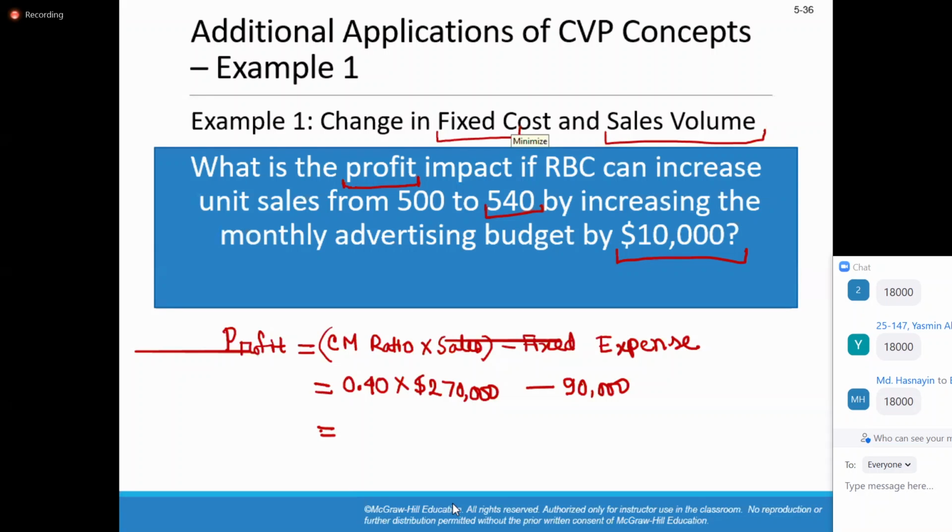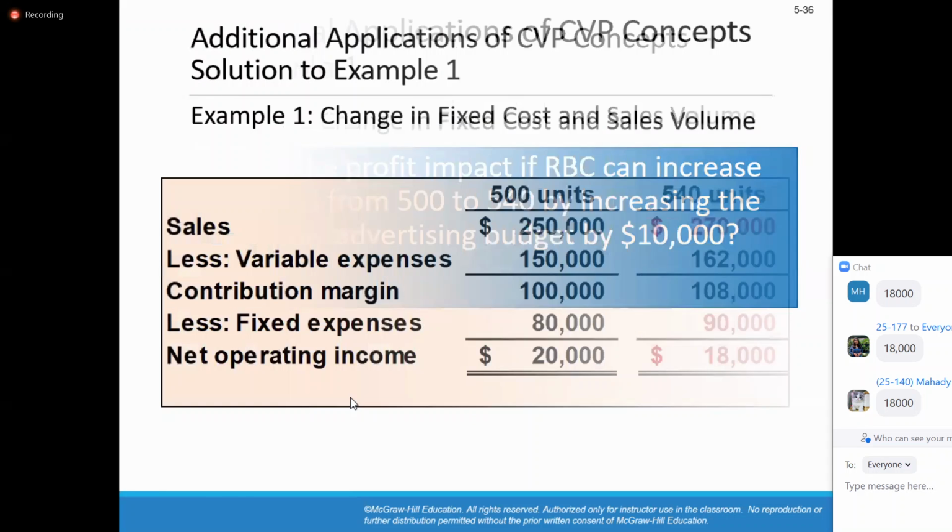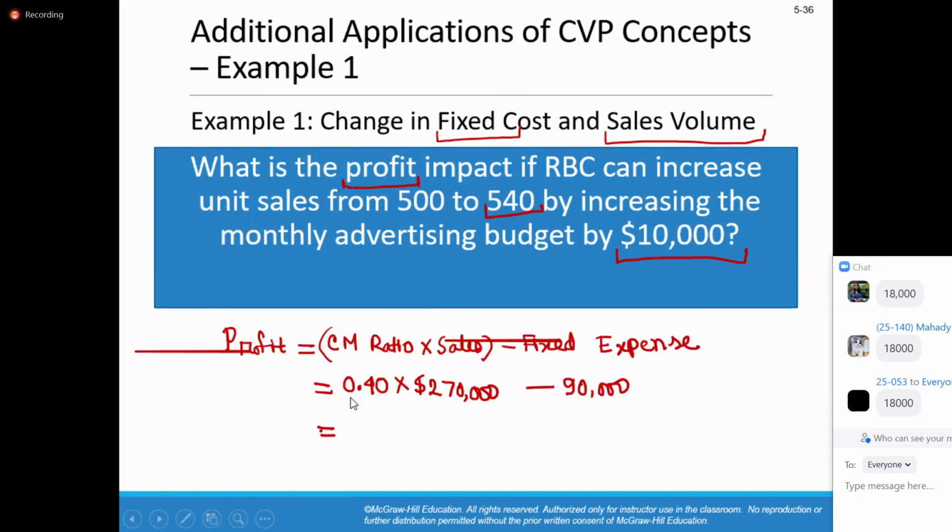Good responses are coming, 18,000. There has been no differences in their answer. So I should write here 18,000. Can you recall what our profit was in case of 500 units? Yeah, 20,000. In the earlier case, it was 20,000.